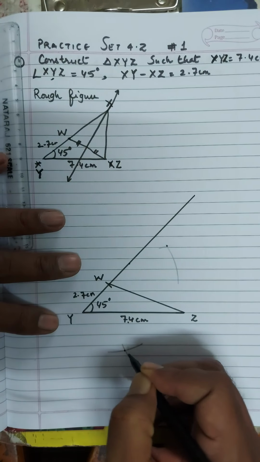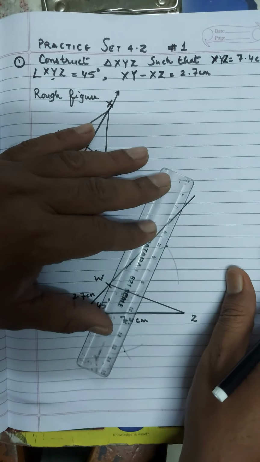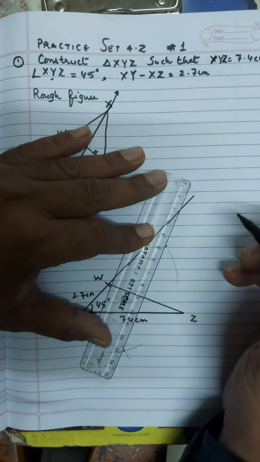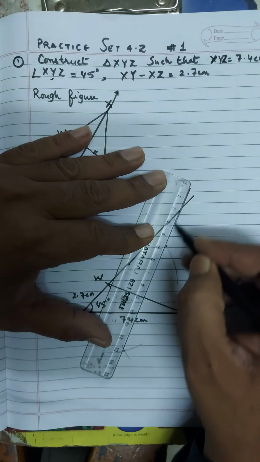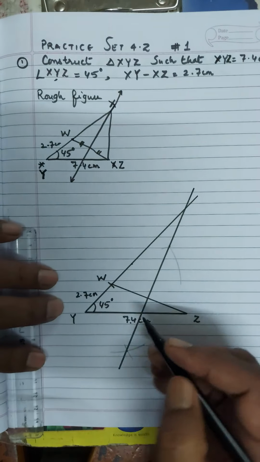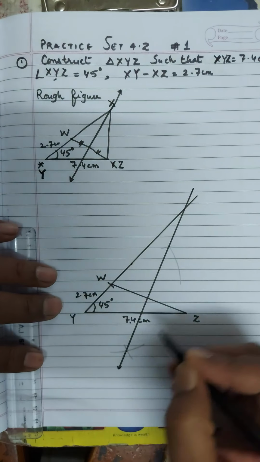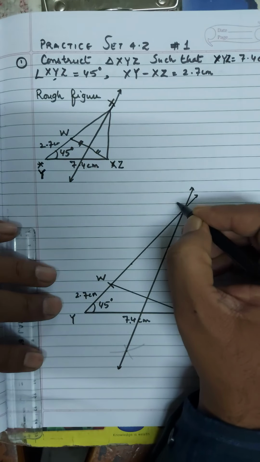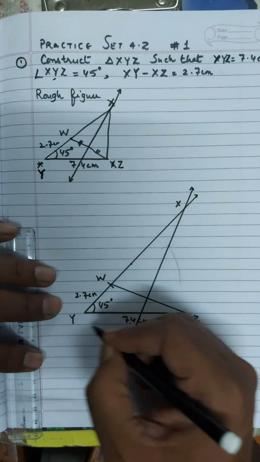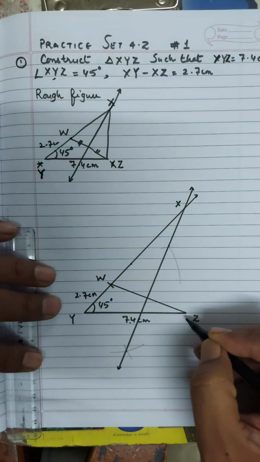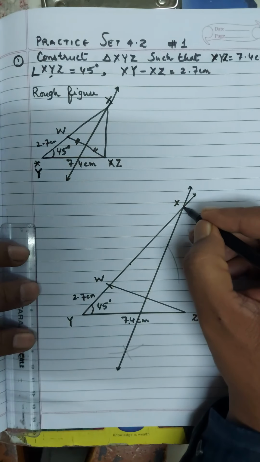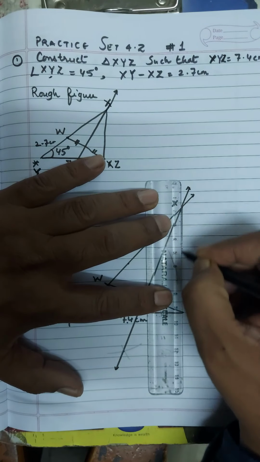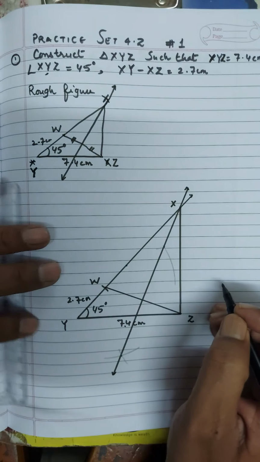We need to join both intersection points and extend the line till it intersects this line also. So this is point X. So XYZ is our triangle, and we need to join this point to Z also.